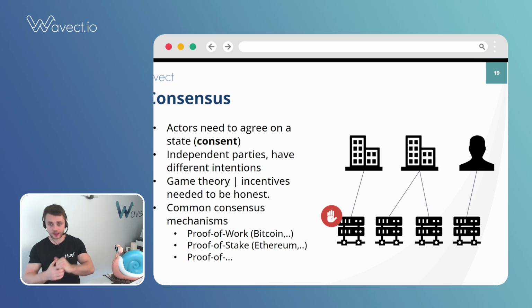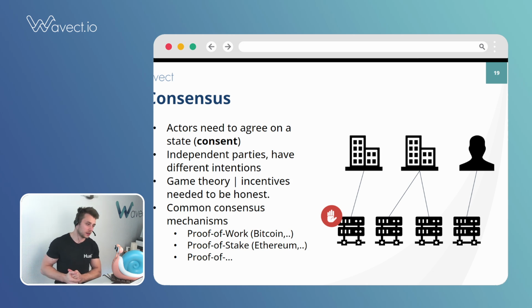Depending on the consensus mechanism, as long as, for example, more than 50% of individuals and companies agree with a blockchain state, you basically have a single source of truth by voting. Proof of stake, proof of work, they're all just different ways of coming to consent.